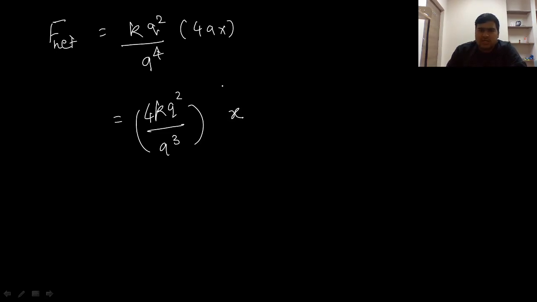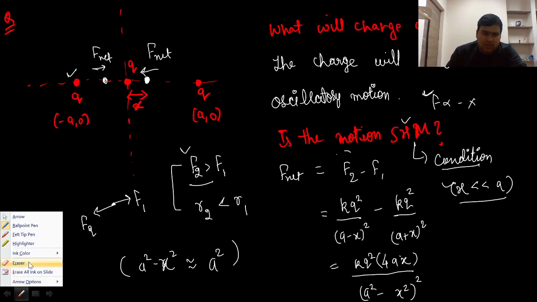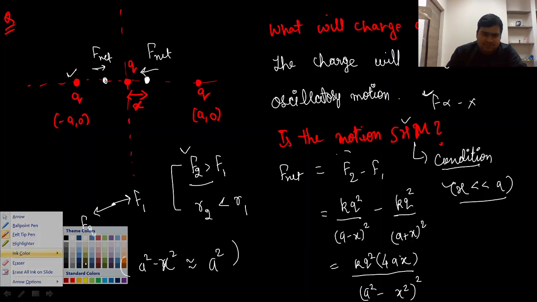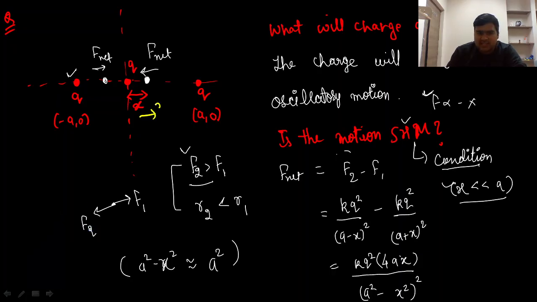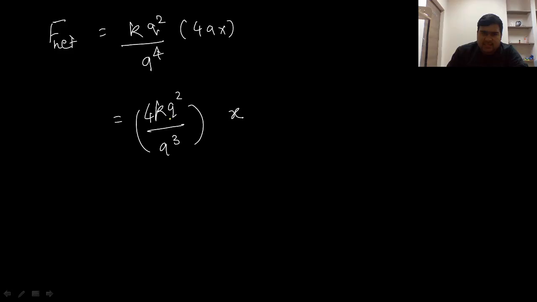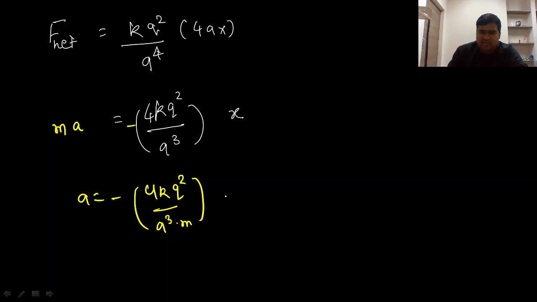This force is opposite to the direction of motion. How can I say that? Because the motion of this charged particle is in this direction, and the net force is acting in the opposite direction. So I can say that this force is negative, and it equals ma. So a can be written as 4kq² over a³m multiplied with a negative sign and x.